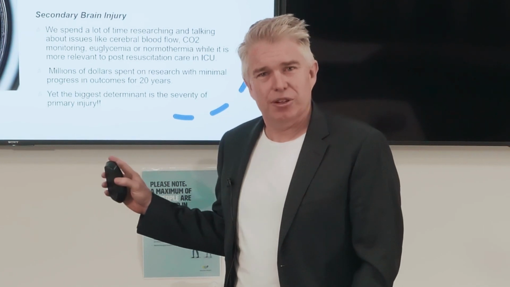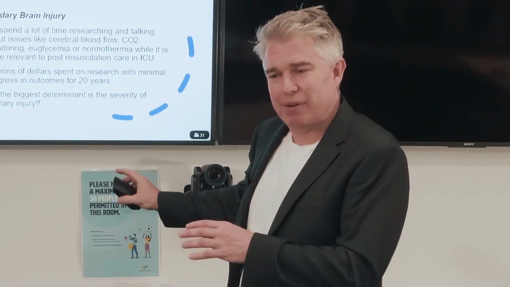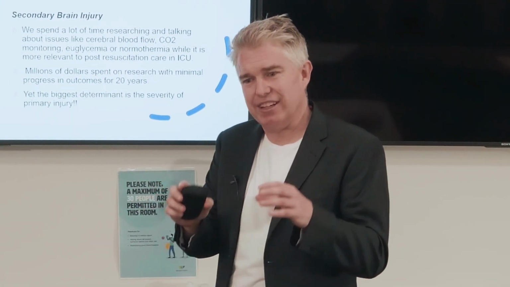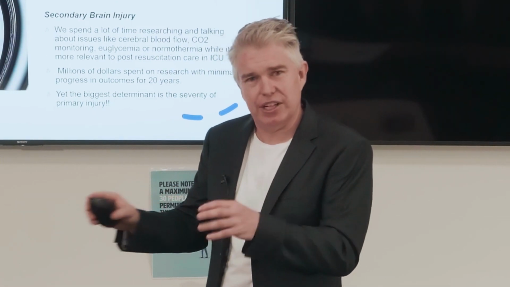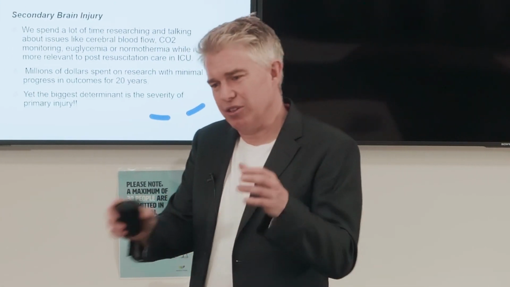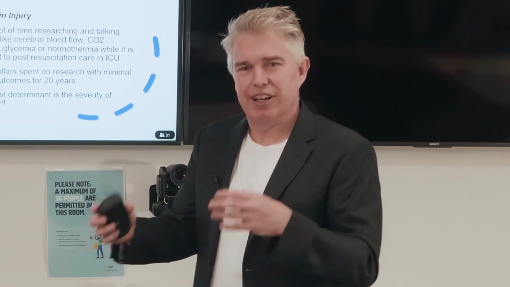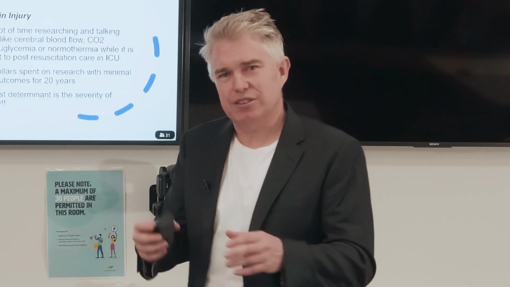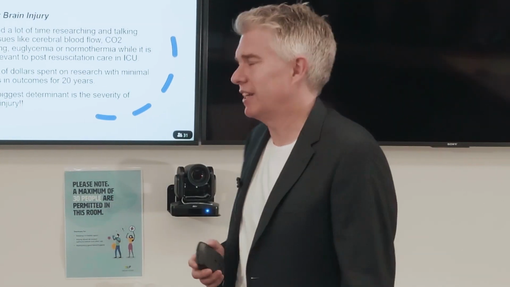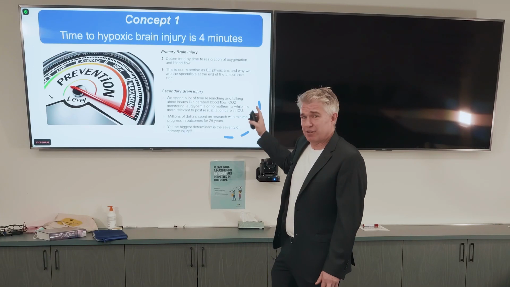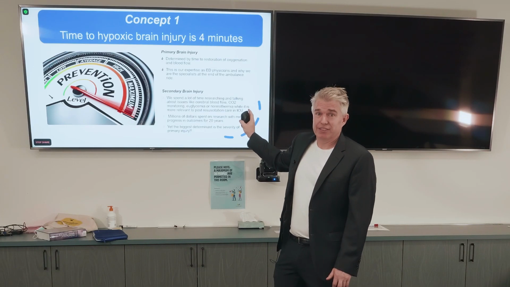Yes, secondary brain injury happens, and when you have hypoxic brain injury, that injury continues, and so you get deterioration after the insult. So you think you're going okay, but then with the secondary brain injury, you realise that the prognosis is sometimes a little bit worse than it looked at the beginning. But the primary brain injury is where all the money is.